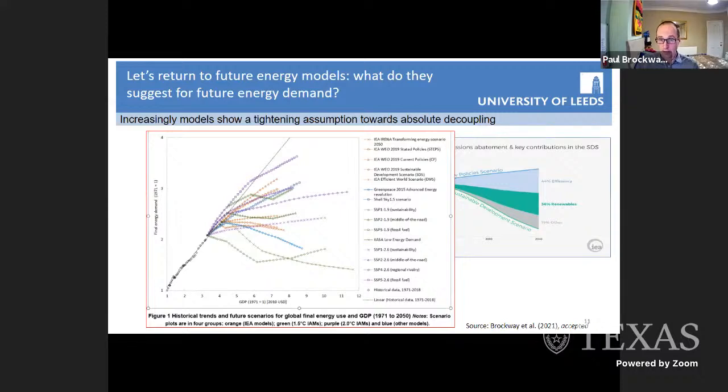With the integrated assessment models, sometimes they can have interactions with this type of capital, labor, energy production function, but often GDP growth is just exogenous to the model, and so it's just imposed on the model, and the relationship between energy and GDP is not even as good as it is with the CGE models. So I think one step the IAM models could take is to improve their connection to energy.